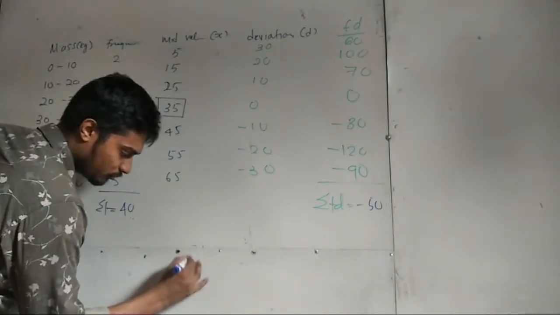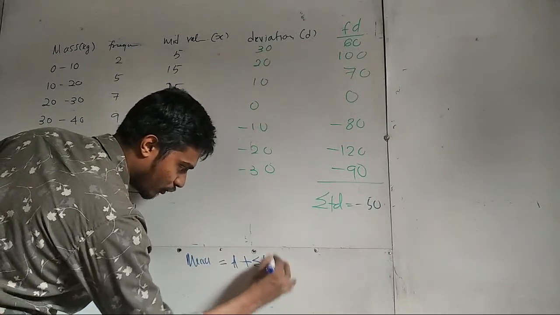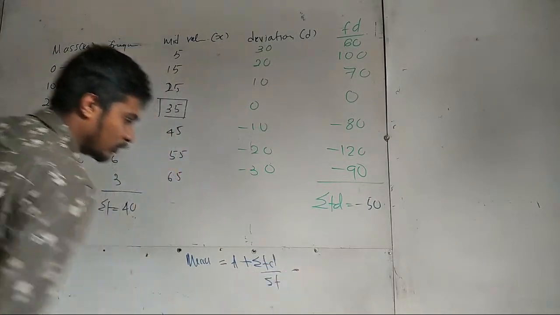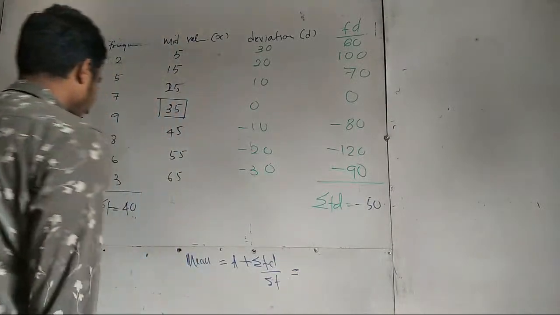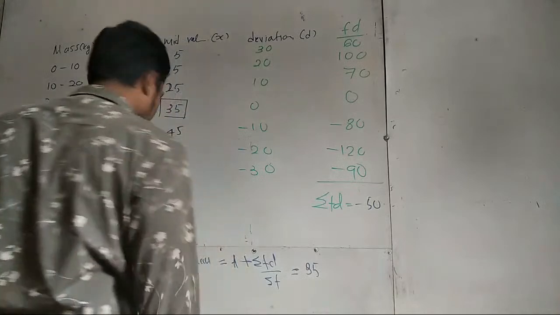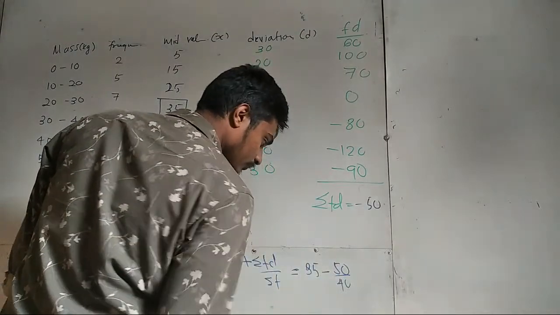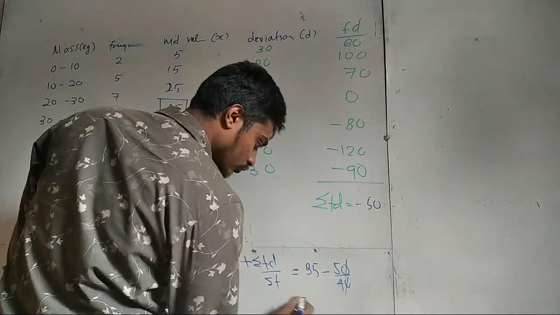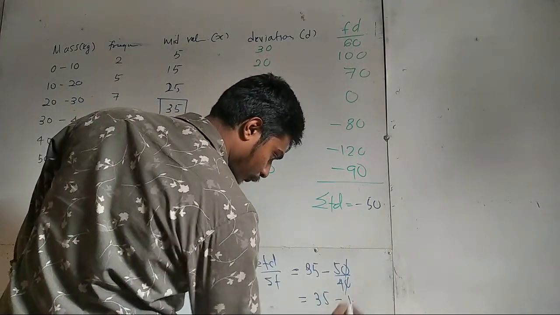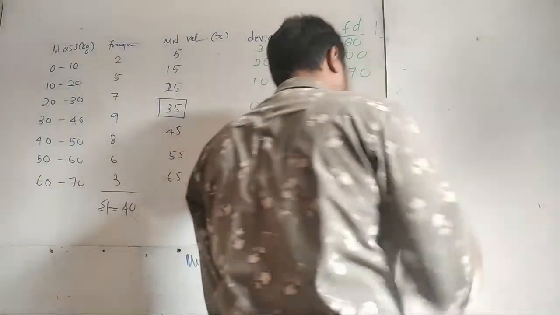Mean is equal to A plus sigma fd over sigma f. What is A? A is equal to 35. So 35 plus minus 50 over 40. Sigma fd over sigma f, 4 here, 5 here gone. So you have to subtract 35 minus 1.25, which will be equal to 33.75.